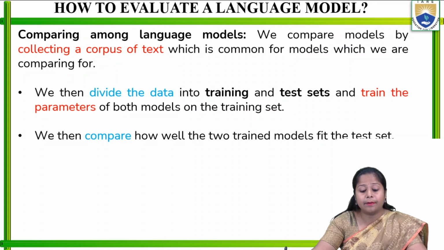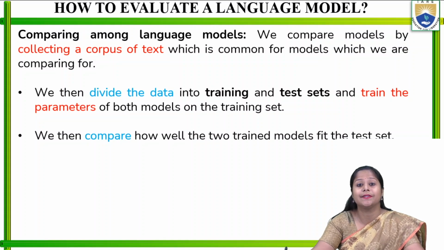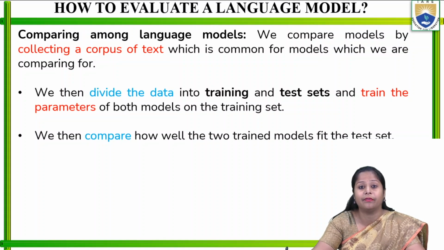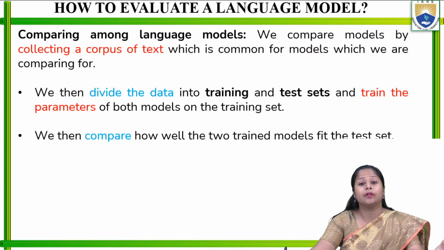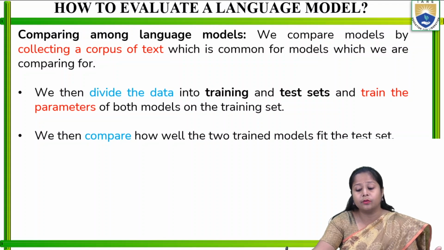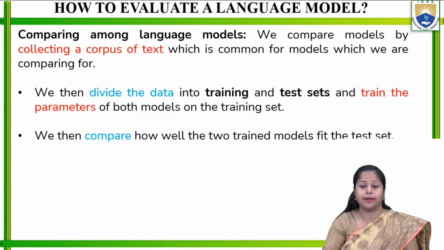On the basis of the parameters for both models, we train on the training set, the data that is classified into the training part. Then we have to compare how well the two trained models fit the test data.